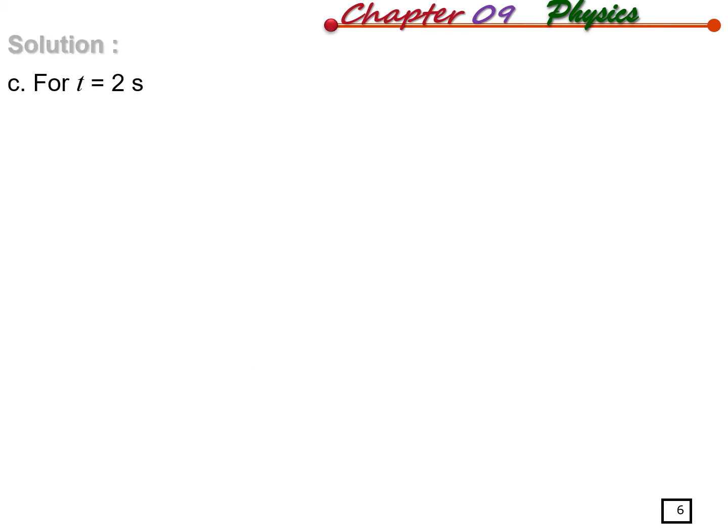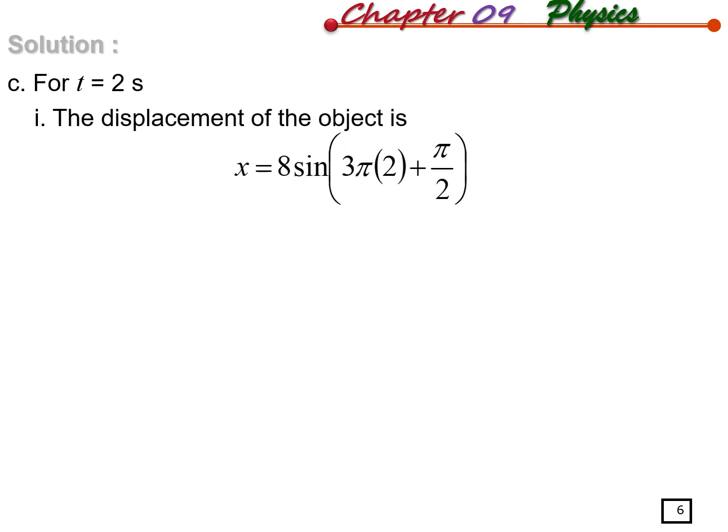And for question C, they wanted to calculate the values when t is equivalent to 2 seconds. So here we just replace in the value of t as 2 and then conduct the calculation. Over here the angle should be in radian. Make sure you use radian in your calculator, otherwise you won't get the answer.